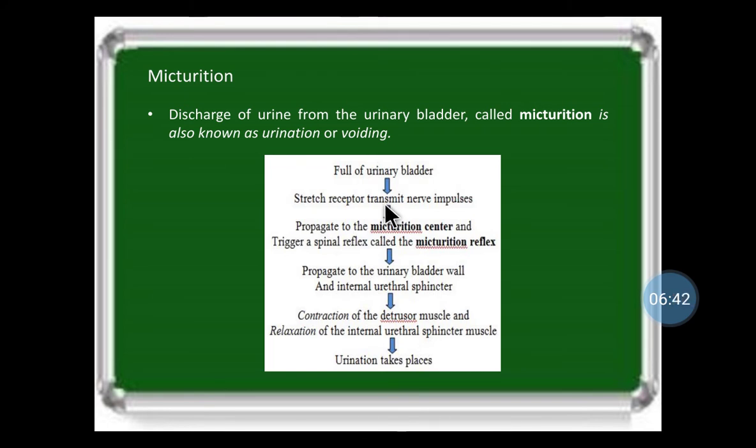In the brain, this nerve impulse reaches the micturition center, and the spinal reflex called the micturition reflex is sent back to the urinary bladder, and this micturition reflex propagates to the urinary bladder wall and the internal urethral sphincter. So it automatically contracts the detrusor muscle and relaxes the urethral sphincter so that urination takes place.